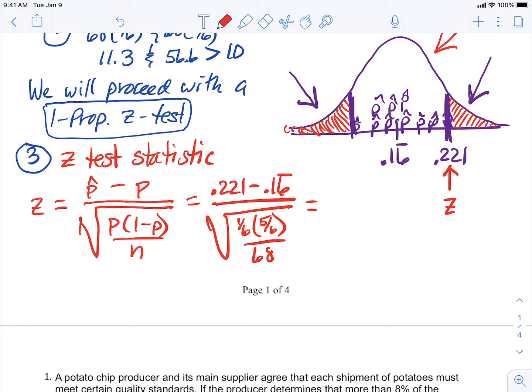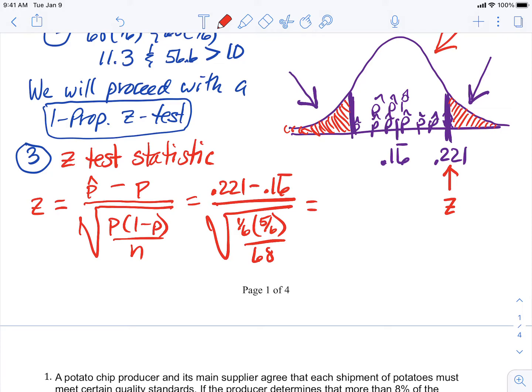So on a graphing calculator, what we're going to do is go to the tests, so STAT, and then over to TESTS on our graphing calculator. And we want to find the name of this procedure, which is a 1-PropZTest. On my calculator, it's number 5. I think it is on yours too.